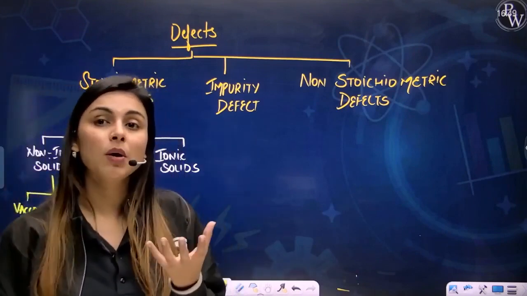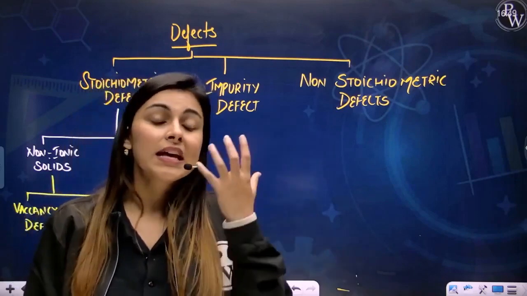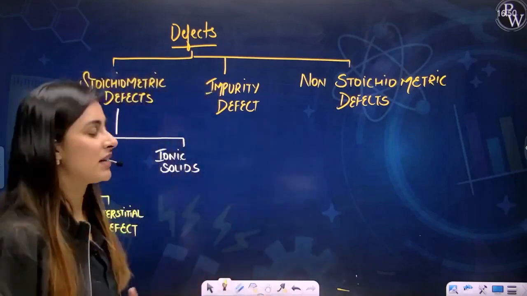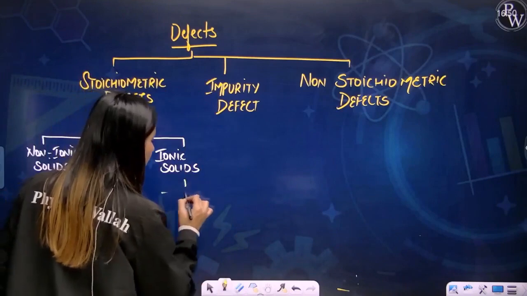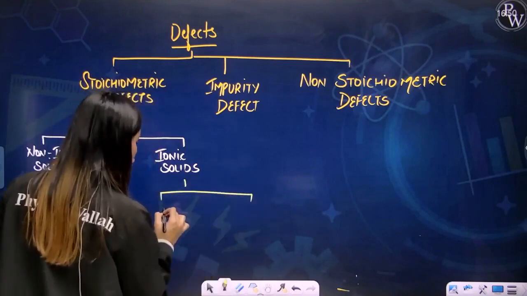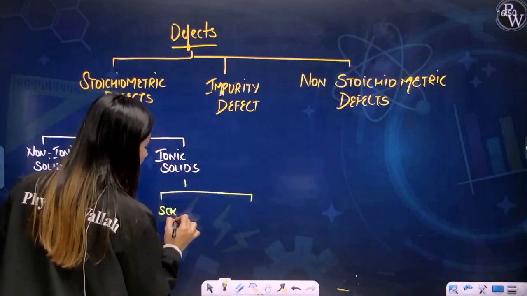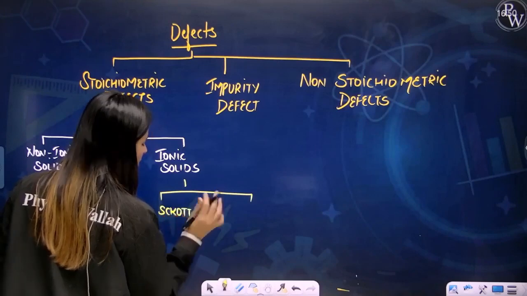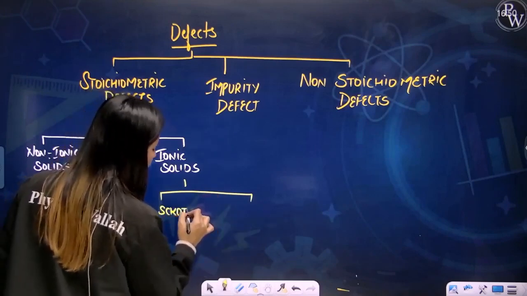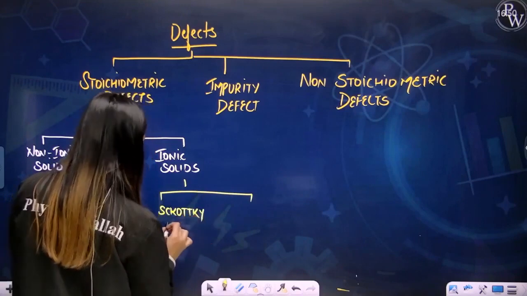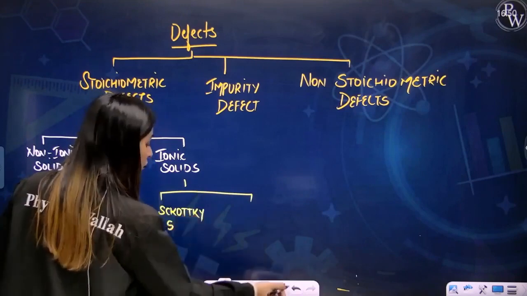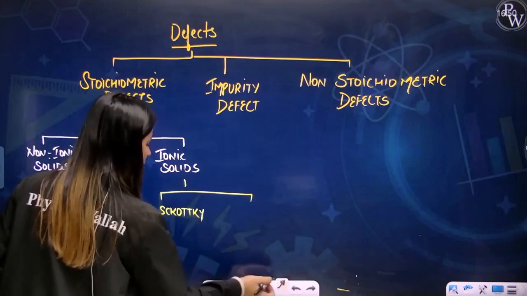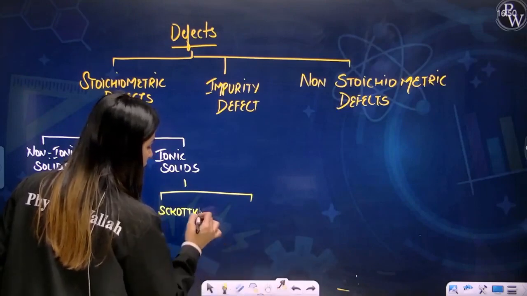Now, if we talk about ionic solids, my dear students, then ionic solids can be classified majorly as two again. The one would be your Schottky defect. Please mind my spelling of Schottky. I don't remember its spelling. It's okay, I am not an English teacher, by the way.